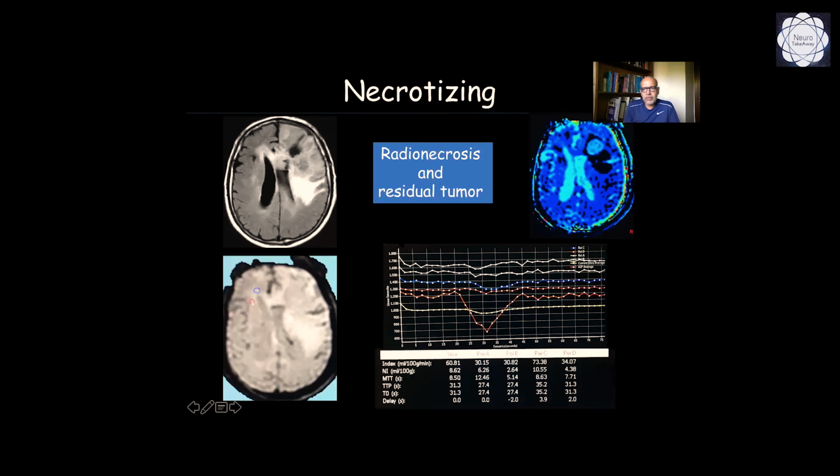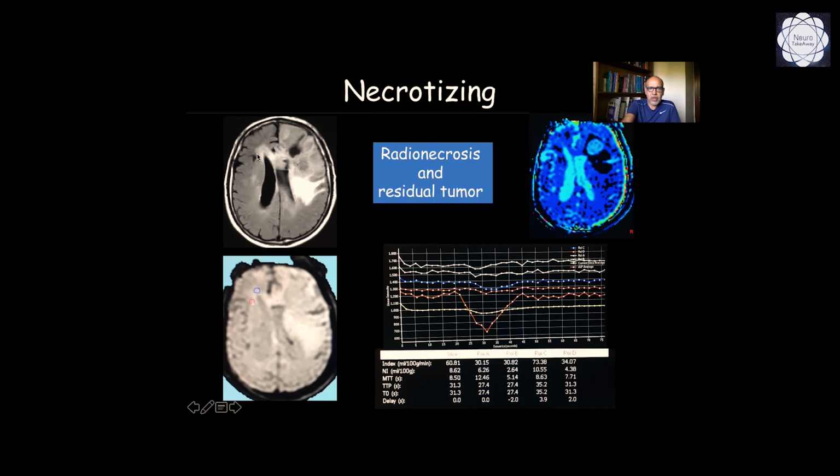When we performed cerebral volume maps, we found that there was no increase of this parameter at that level, but there was an increase of the cerebral volume on the right frontal lobe, where we didn't see any enhancement.